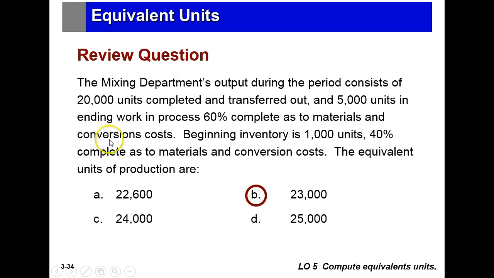But the 20,000 units completed and transferred out, what we're needing to figure out is what percent of our ending process is completed. 5,000 at 60% complete would equal how much, guys? That's the 3,000 there, so the 23.